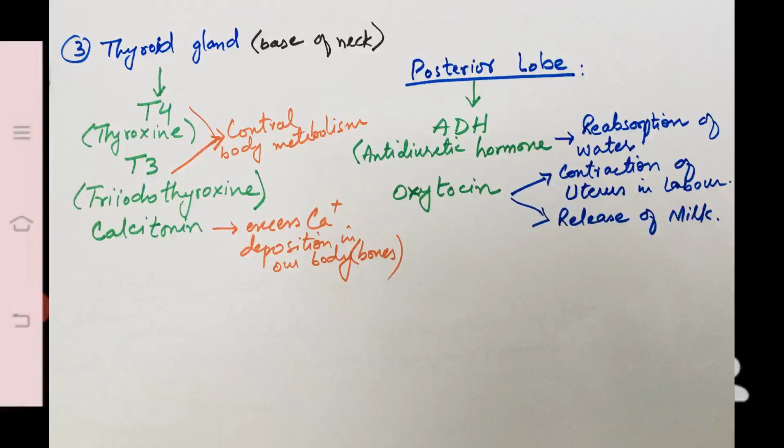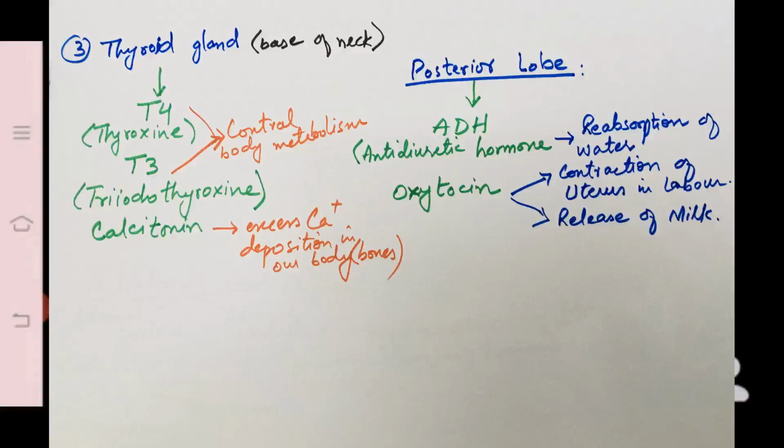And what is the secretion from the thyroid gland? It secretes T4, the thyroxine hormone, and T3, which is triiodothyronine, right? The thyroid gland secretes T4, thyroxine, and T3, triiodothyronine.